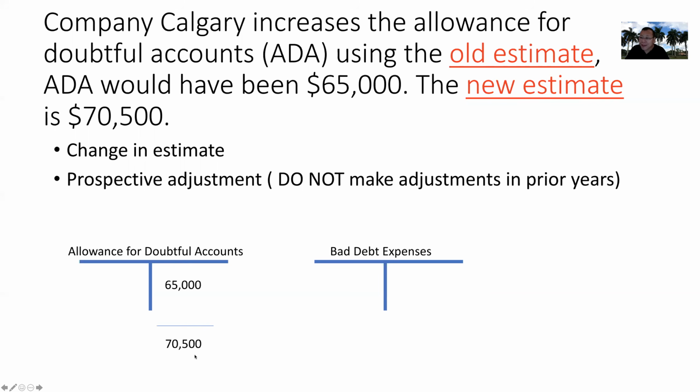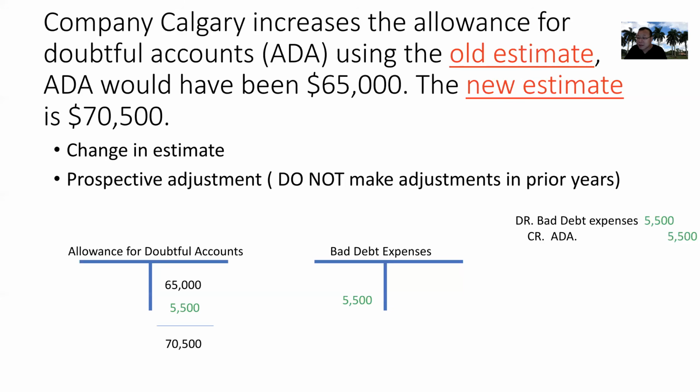That means to bring this balance from 65,000 to 7,500, I need to have additional credit of 5,500. And the other side of the entry, remember, in accounting, we are using double entry, right? So we credit allowance for doubtful accounts for 5,500. We are going to debit bad debt expense for 5,500. So here's my journal entry. I debit bad debt expenses, 5,500, credit allowance for doubtful accounts, 5,500.